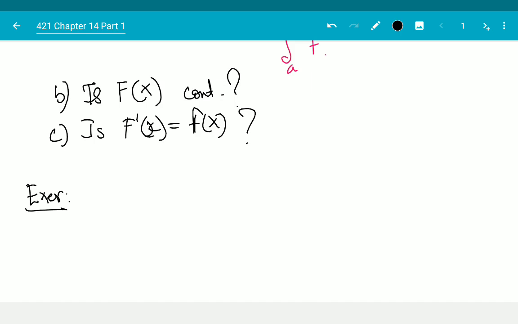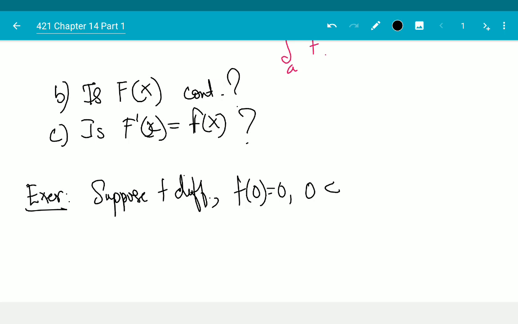Exercise. Suppose f is differentiable, and f of 0 is equal to 0, and 0 is smaller than f prime, which is smaller than or equal to 1. Okay, so my function is strictly increasing, but its derivative is also smaller than or equal to 1 for every x.